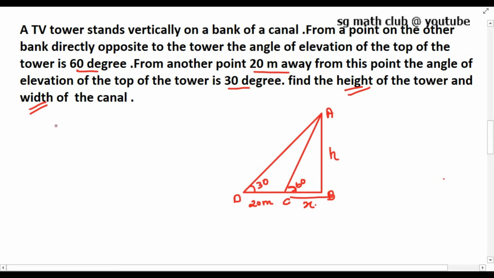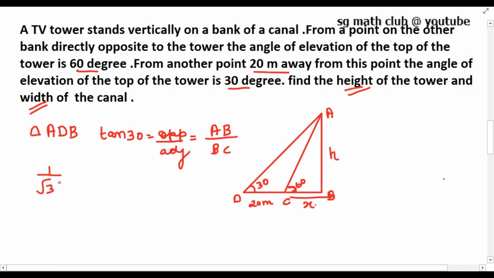So first we will take the right angle triangle ADB. So tan 30 is opposite side by adjacent side. Opposite side is AB. Adjacent side is BC. Tan 30 value is 1 by root 3.